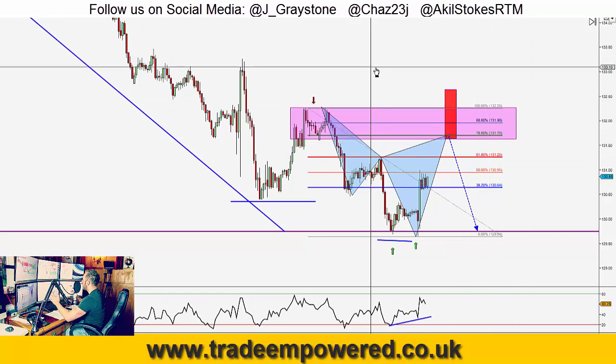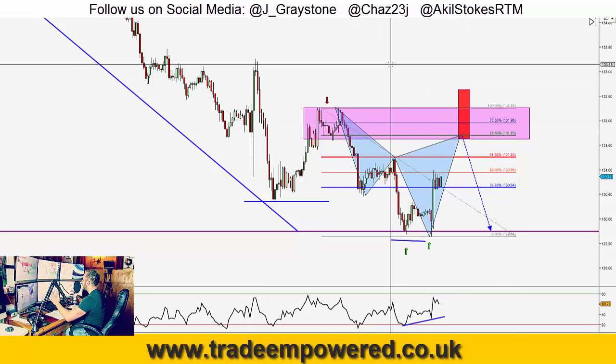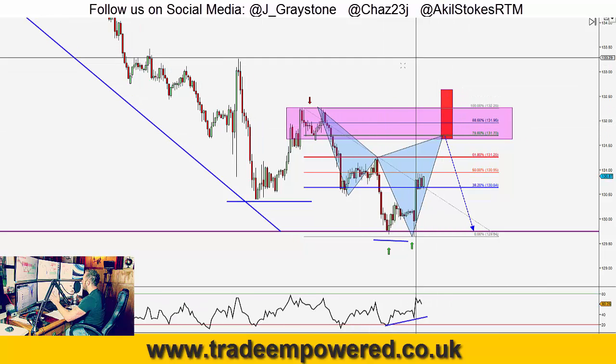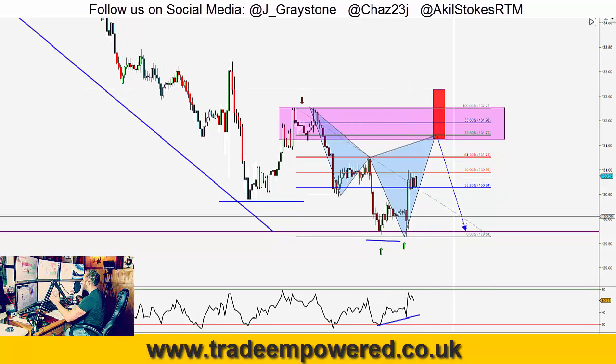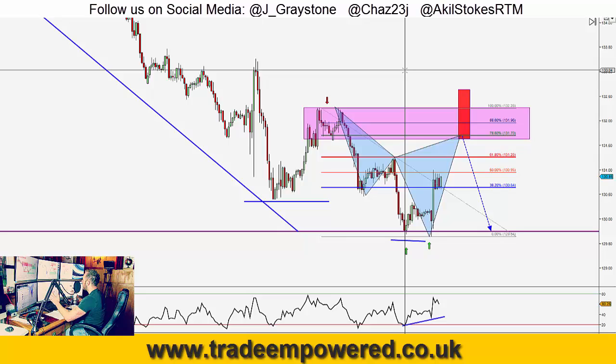But there you have it. So there's a few ideas there to get involved in a trade, whether you're looking to get short or whether you're looking for this as a reversal. Okay, so that's the pound yen.